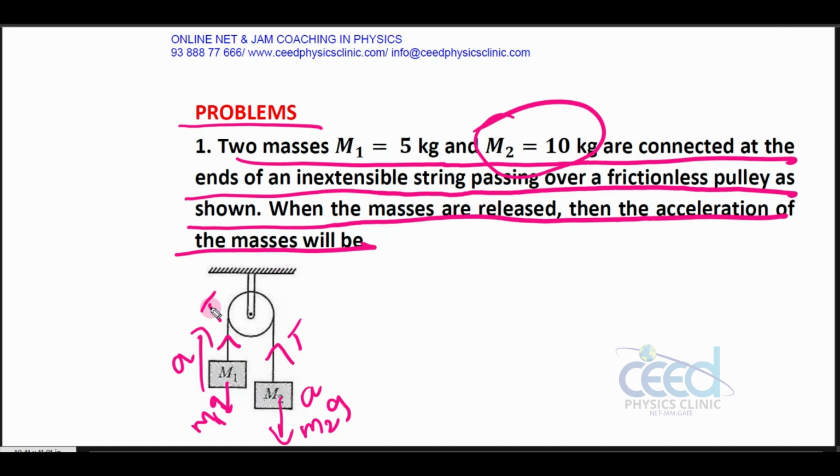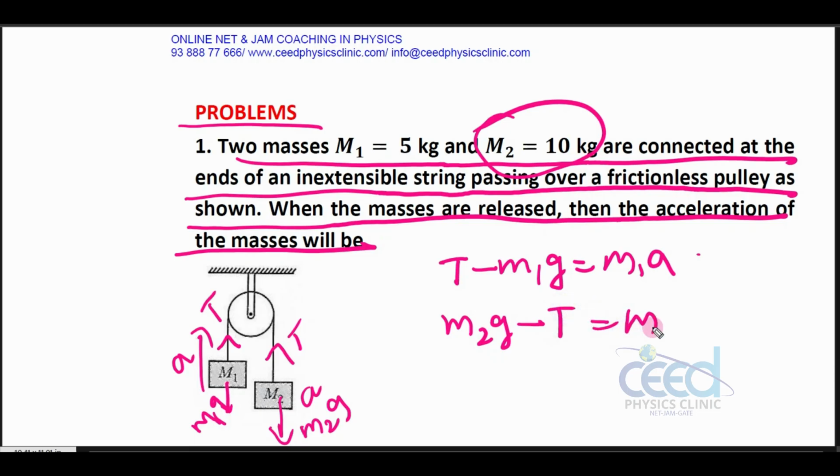This side is going upward, tension is more, so T minus M1G is equal to net force, that is M1A, as per Newton's law. Here this part is coming down, so the net force is M2G minus T is equal to M2A, that is the net force on mass M2, right?